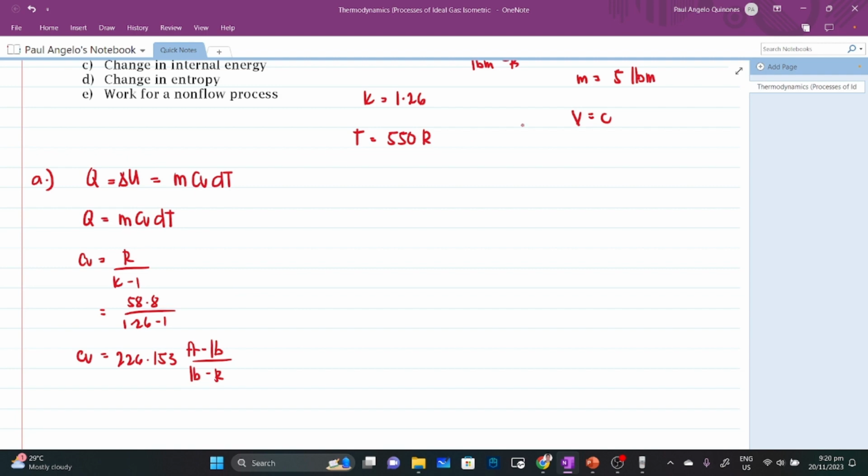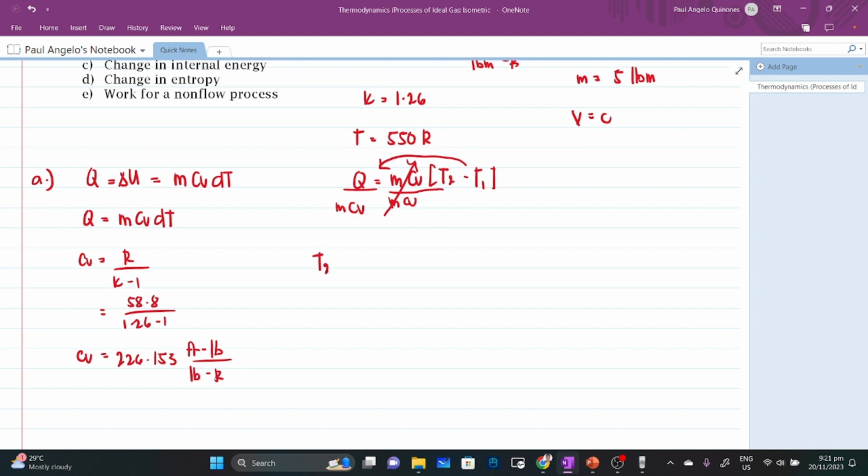Now we have CV and we have the mass, which is 5-pound mass. Let's try to expand the equation. It's Q, that is mCV times T sub 2 minus T sub 1. We are trying to solve for T sub 2, so we are going to divide both sides by mCV, and mCV here will cancel out. Then let's transpose T sub 1.